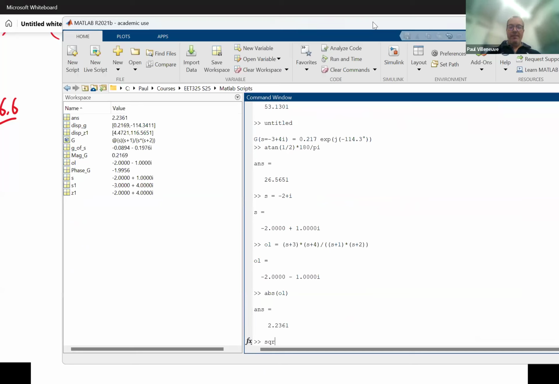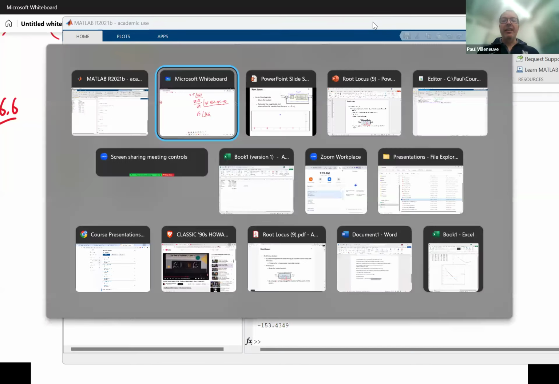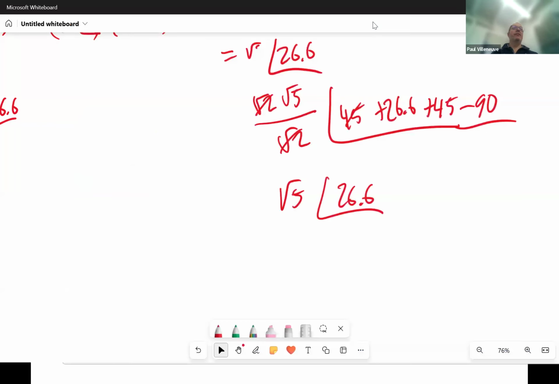Let's get up a little higher. Equal to, what do you know? 2.236. Now let's check the angle of the open loop and then multiply that by 180 over pi. And I get minus 153.43. What angle did I calculate? Positive 26.6, right?